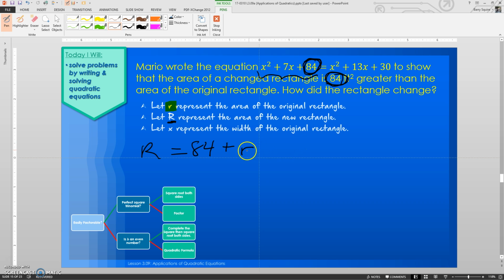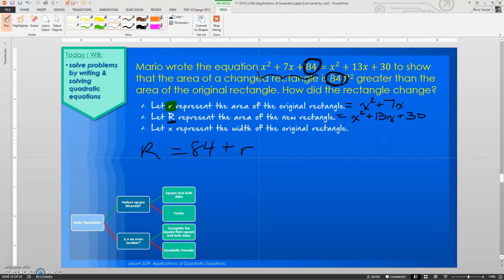So that means that this little r is really x squared plus 7x. Which means that the right-hand side is the area of the new rectangle. So we're going to say that that is x squared plus 13x plus 30.